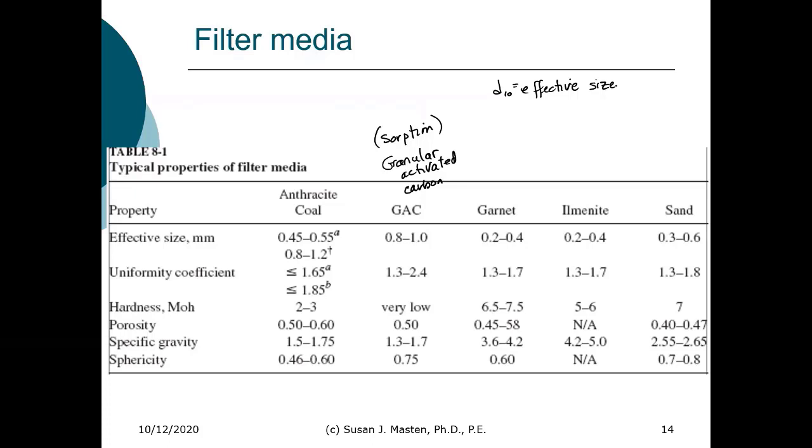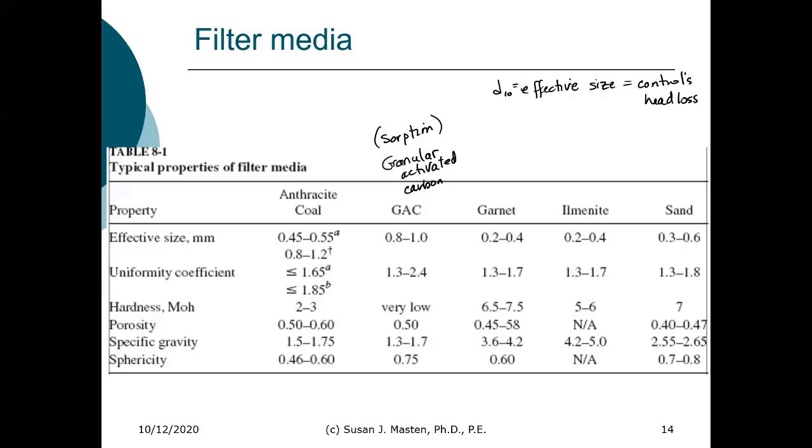So think back at the video we watched with particle size distributions and sieve analysis. So it's the diameter or the mesh size for which 10%, and it's a cumulative, 10% of the sand passes. This controls head loss.